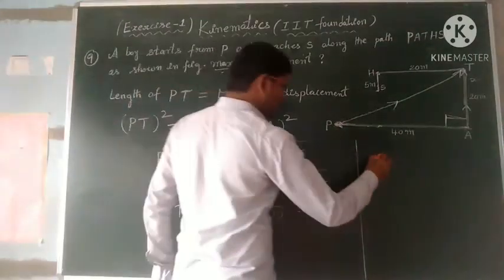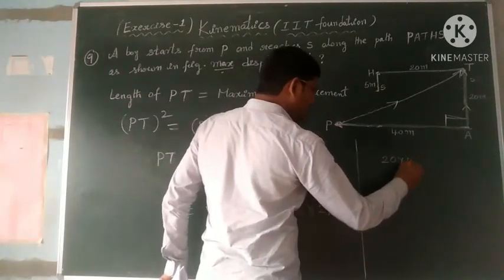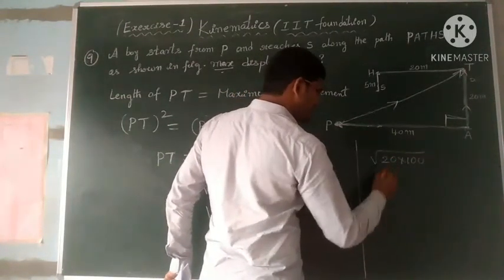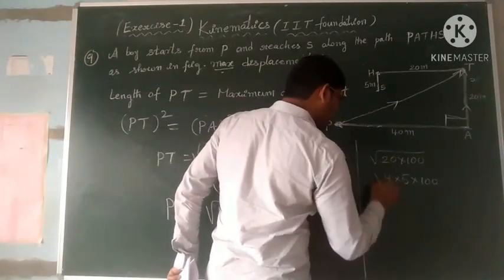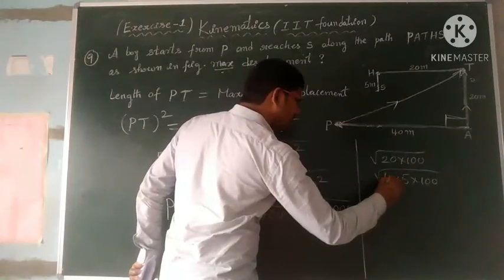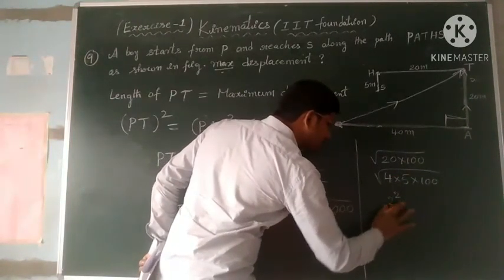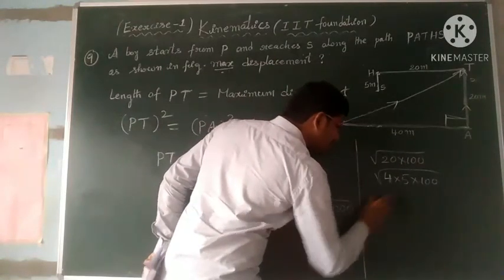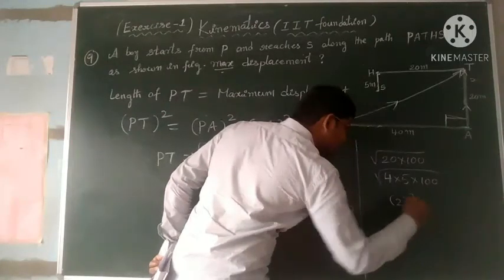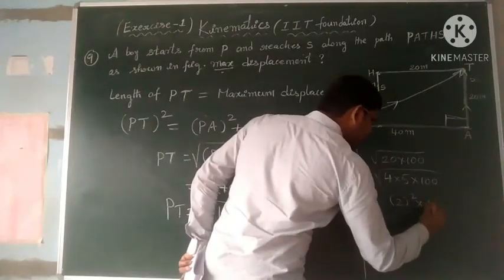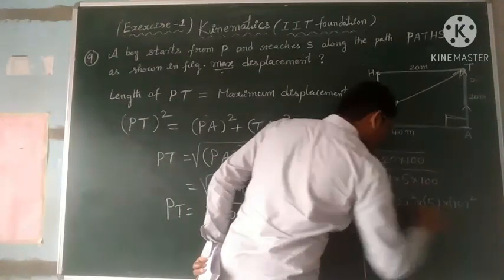Root 2000 I write as 20 into 100. So 20 we can write as 4 into 5 into 100. 4 we can write as 2 whole square, 5 write as 5 only, 100 write as 10 square.